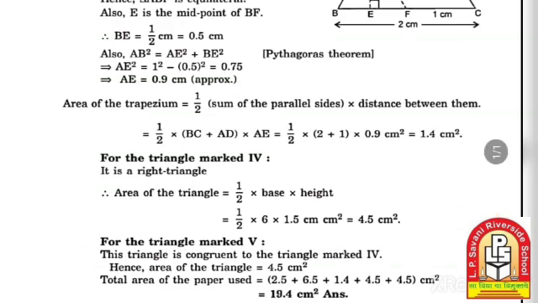Total number of figures are 1, 2, 3, 4 and 5. So the total of those areas is 19.4. So the paper required for making the aeroplane is the total area of the paper used. Okay, in this way you can solve this kind of lengthy example.